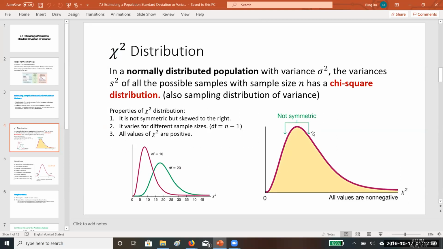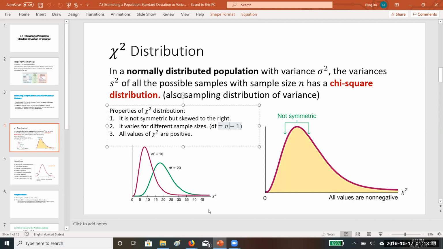So you can tell it's not a symmetric distribution. It's skewed to the right, and you use degrees of freedom. So this curve depends on n. This is the curve when n is 11. This is when n is 21. All the values are positive.